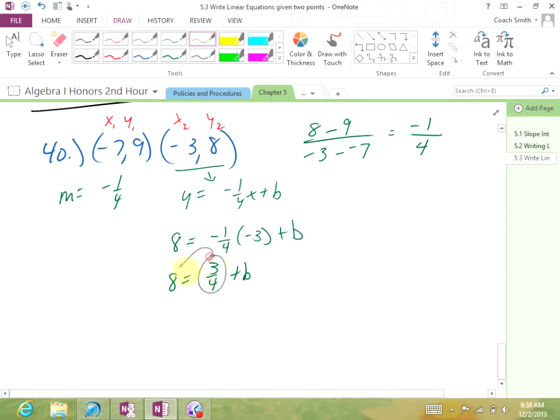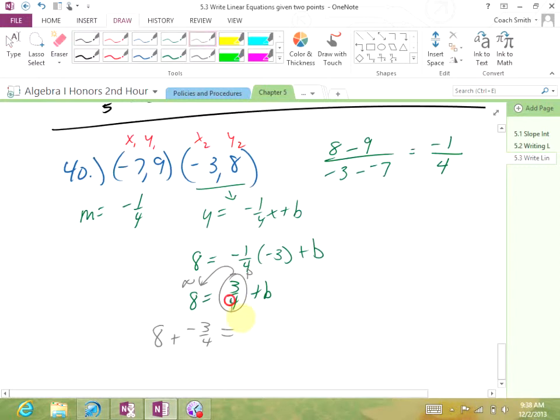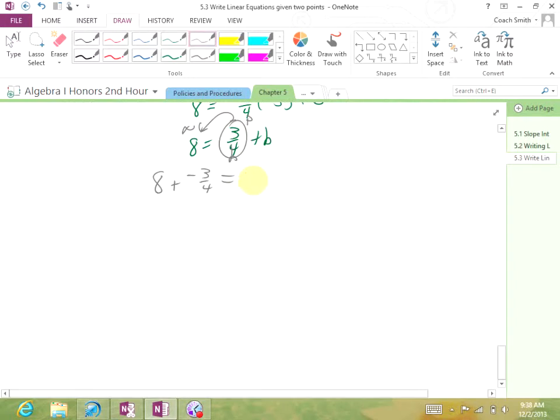Take my 3/4 over here. If it's a positive here, it becomes a negative there. So that gives me 8 plus negative 3 over 4 equals b. Not plus b, b.